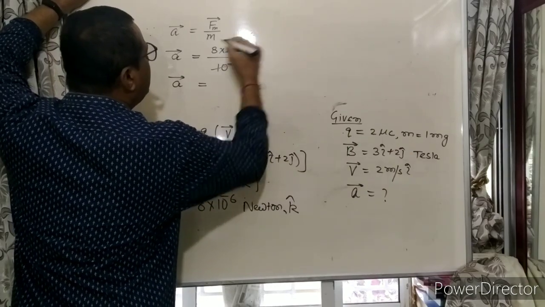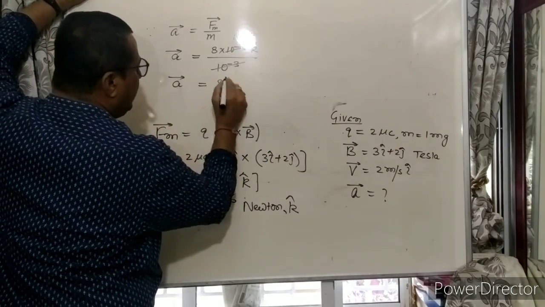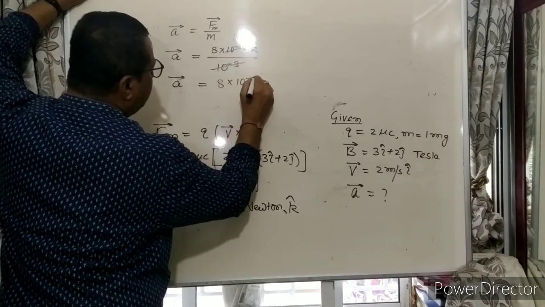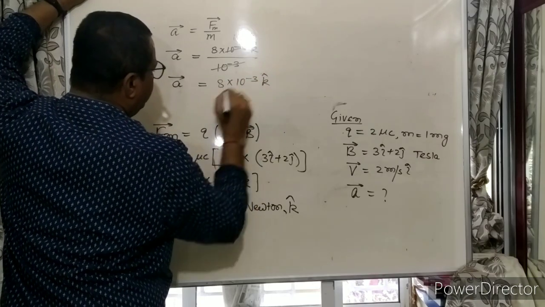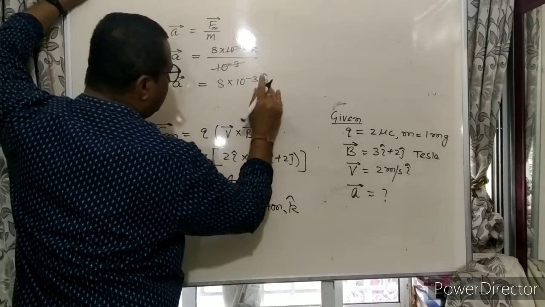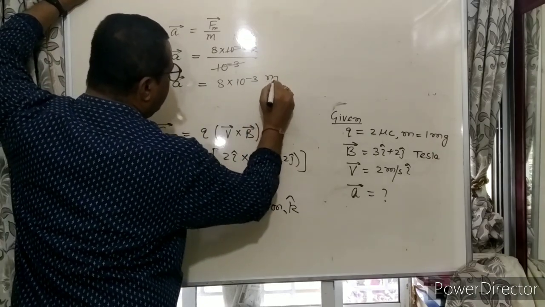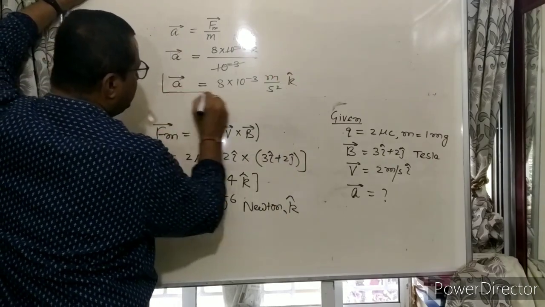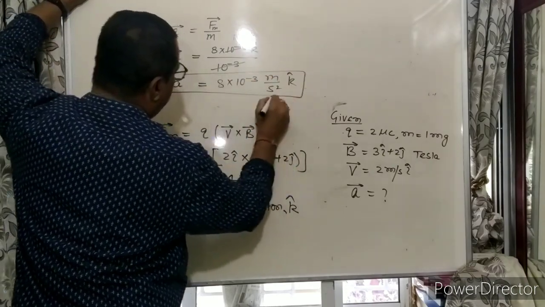Then acceleration will be 8 into 10 to the power minus 3 K cap. The unit is meter per second square. This is the acceleration. We have got the answer.